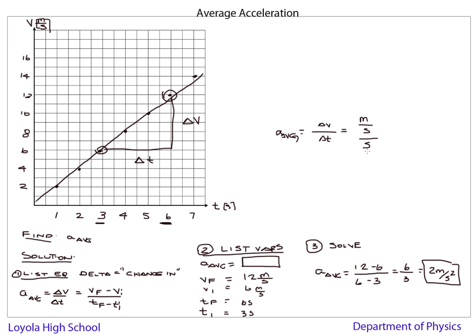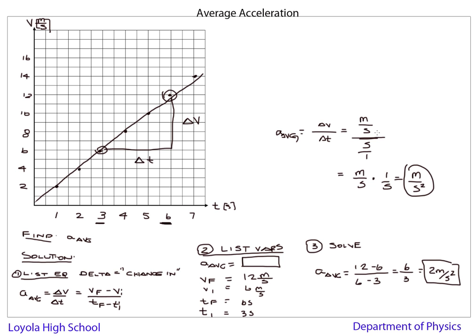So I'm dividing fractions. If you want, I can say seconds over 1. So meters per second divided by seconds. As you know from math class, when I divide fractions, I invert and multiply. So this is really a meter per second times 1 over second. And that's where you get the meters per second squared from.